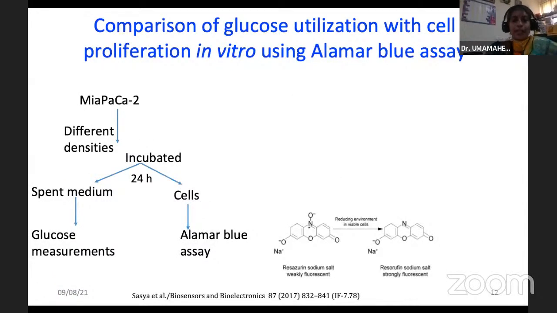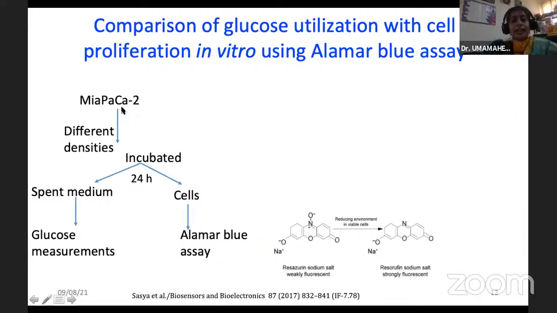So what we tried was, we did the conventional assay, that is the Alamar Blue assay, on a pancreatic cancer cell line. So this is a pancreatic cancer cell line, MIA PaCa-2. And what we did was we incubated different densities, and over a period of time, we wanted to monitor the glucose that has been consumed by these cells using the sensor that we have developed.